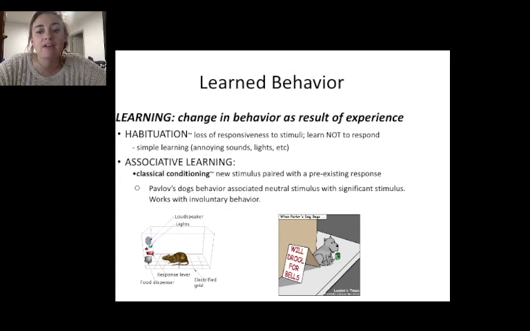Then you have an unconditioned stimulus, which was the first stimulus, and the unconditioned response, which is the initial response that an animal would have to that unconditioned stimulus. Now, you have a conditioned stimulus, which you have then added as a new stimulus during that unconditioned response from the animal.